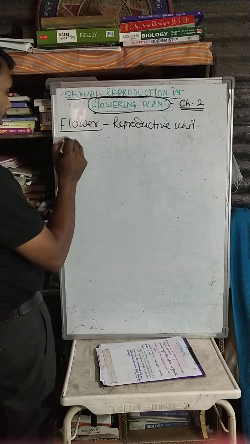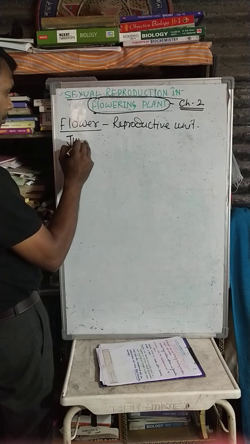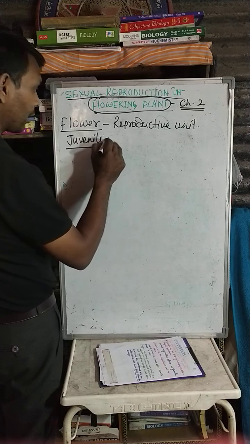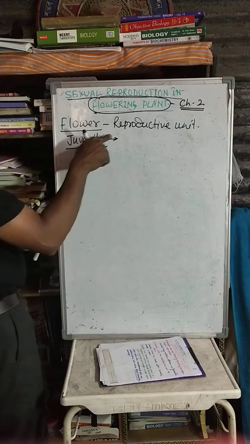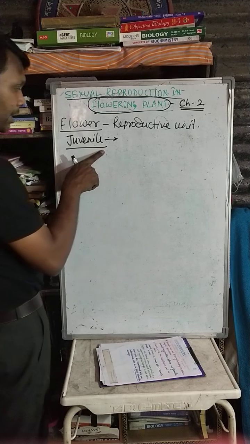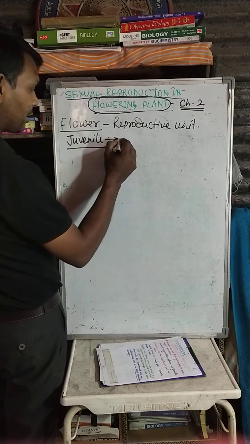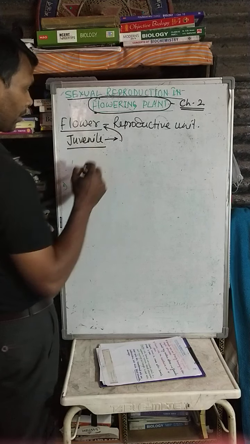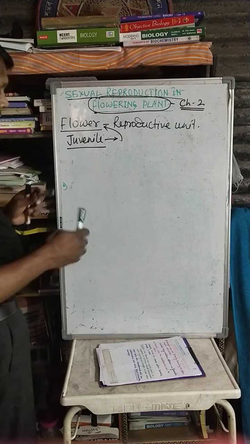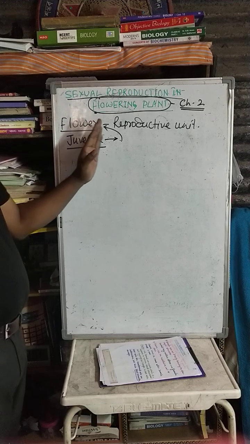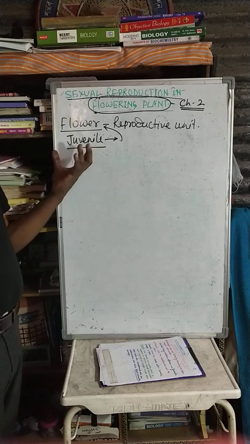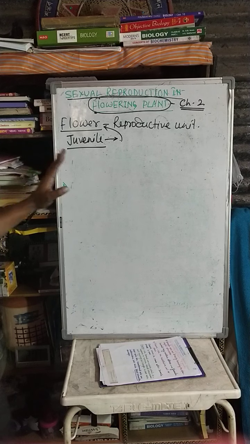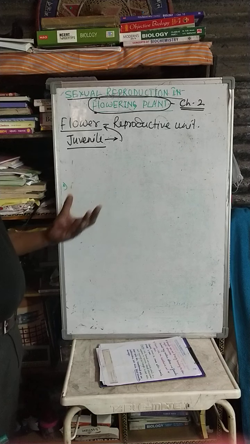After the plant passes juvenile phase, in case of animal or human being, we get the puberty, but in the plant, flowering starts. So when flowering starts in this plant, that means it has got the structural maturity, or it is capable of reproduction.